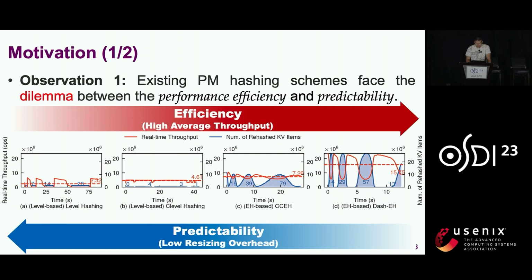But the real-time throughput fluctuates seriously because of the high-overhead segment split, which is indicated by the blue shaded area. At the left-hand side, the level-based PM hashing has better predictability because of the low-overhead resizing, but the average throughput is not as high as the EH-based PM hashing.